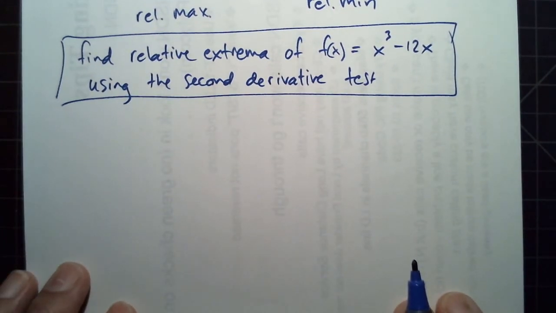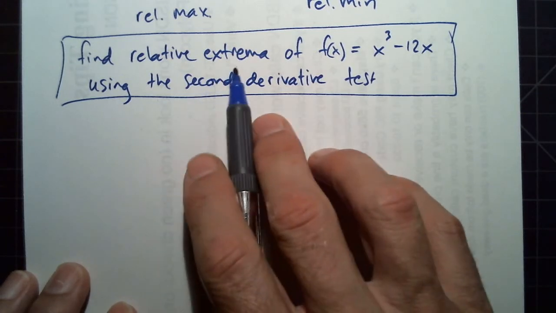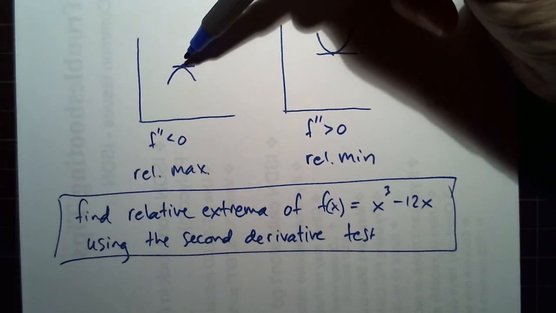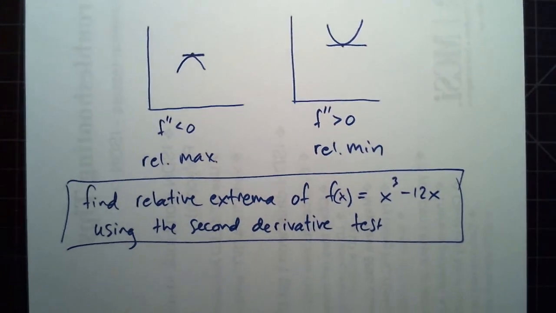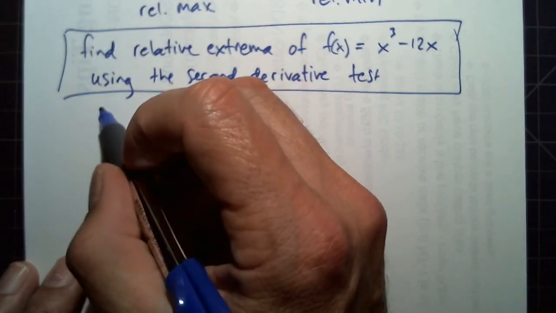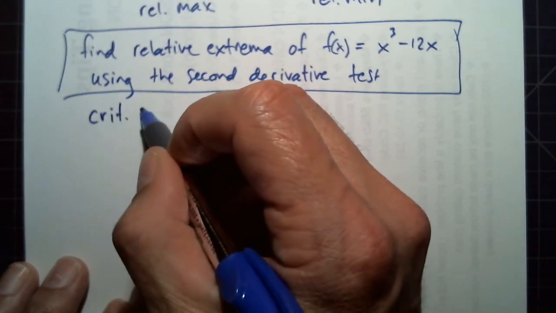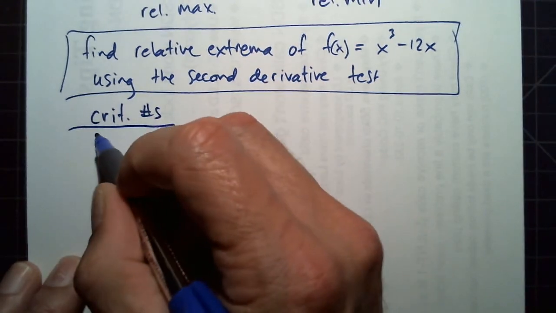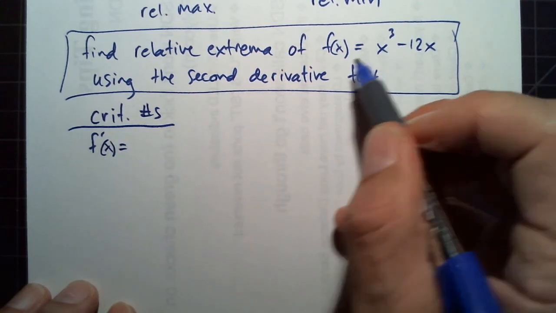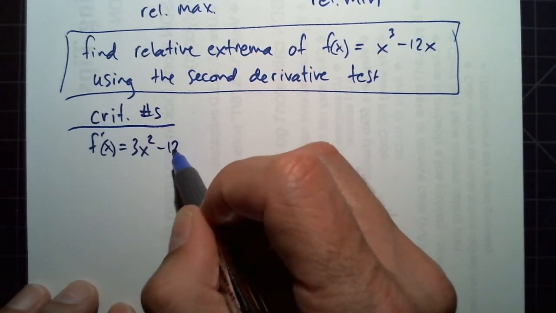All right, so we want to know the sign of the second derivative, but where do we look for a relative extrema? And we have to look at critical points. We want to know where the slope is 0 or undefined. So that takes us back to the previous lesson, and we have to find critical numbers. Critical numbers use the first derivative, and we're going to have 3x squared minus 12.